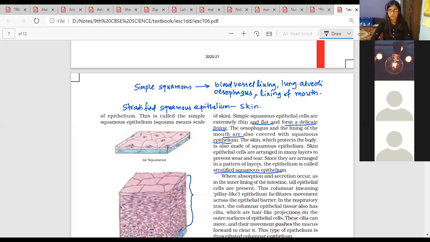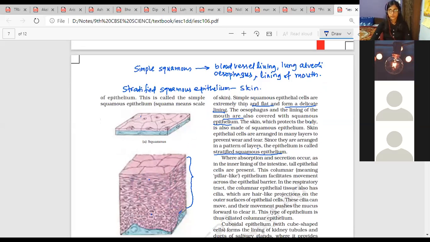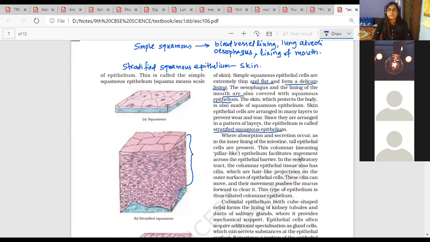Clear? Then column-like structures, columnar, are mostly present in the glands where secretion is happening. The chemicals are secreted over them. Those are column-like, pillar-like structures. Where absorption and secretion occur, as in the inner lining of the intestine, tall epithelium cells called columnar epithelium are present.